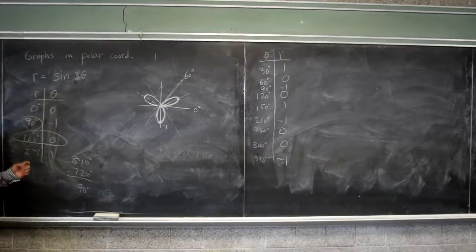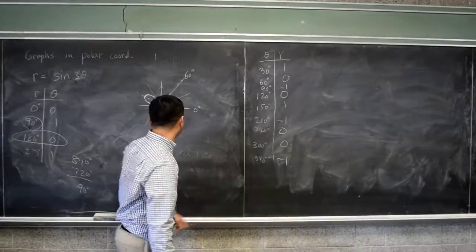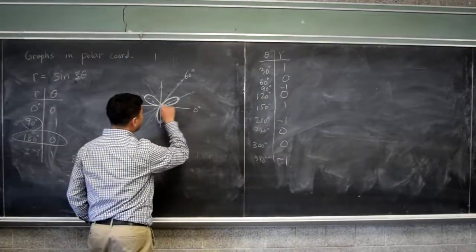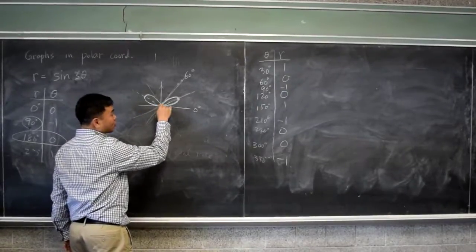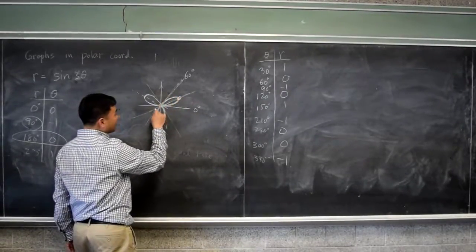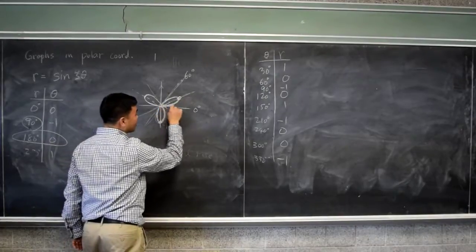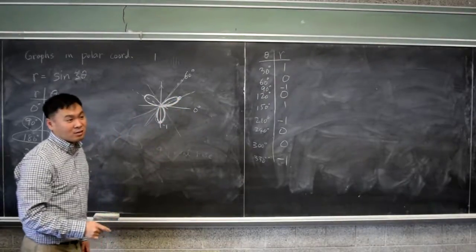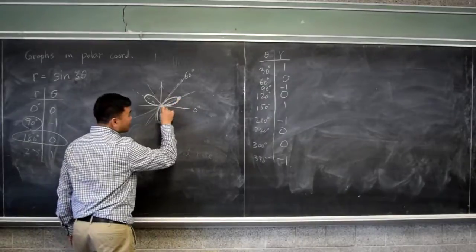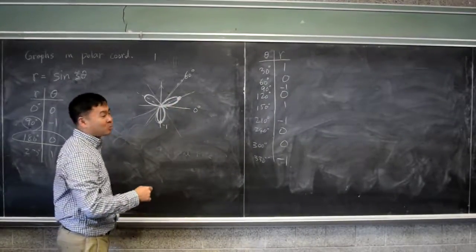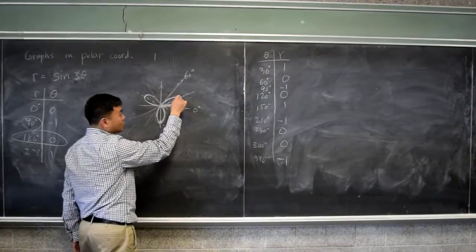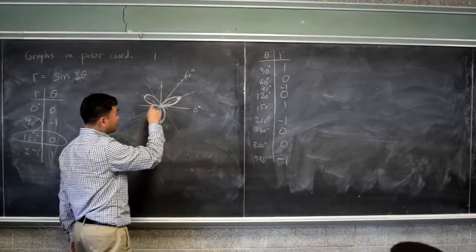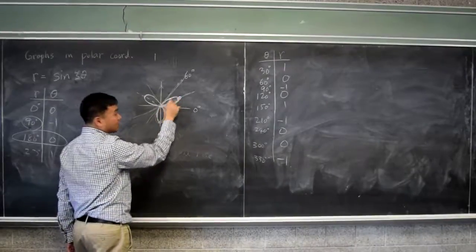Now let's continue. After 180 degrees, that's 210. Where's 210? 210 is here. But then you're not going forward by 1, you're going backwards by 1, so you're right here. So at 210, you come back to this. It looks like it's going through this path twice: once from 0 to 30 degrees, and again from 180 degrees to 210 degrees.